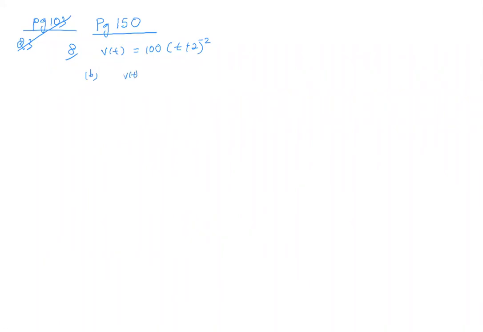Okay, so as t tends toward infinity, what happens to (t plus 2) squared? It tends to infinity, am I right? So my V(t), which is 100 over (t plus 2) squared, will tend toward... can you give me the answer? 0.